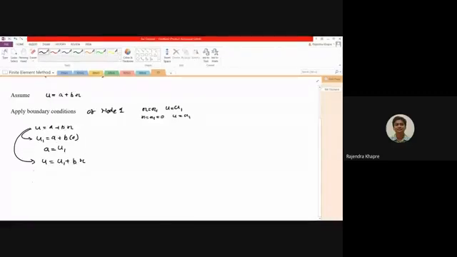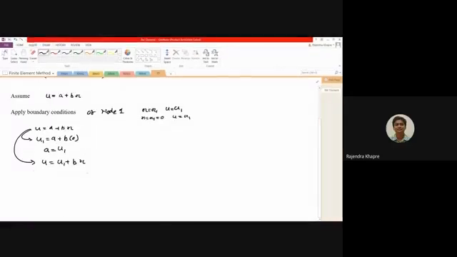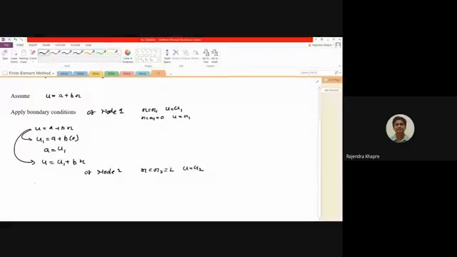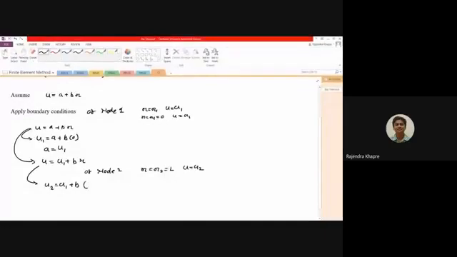Now let us apply the other boundary condition, that is at node 2. At node 2, x will be called as x2 and its value will be L, and u will be called as u2. I don't know the value of u2. If you substitute these values in the expression over here, this will be u2 equals u1 plus b into x, where x value is nothing but L, right?